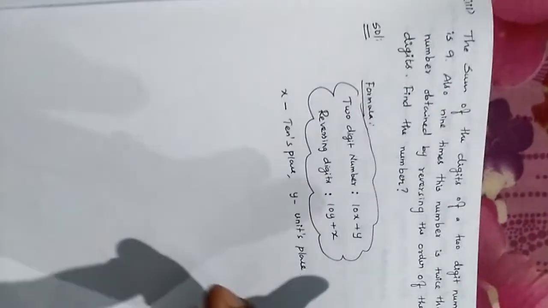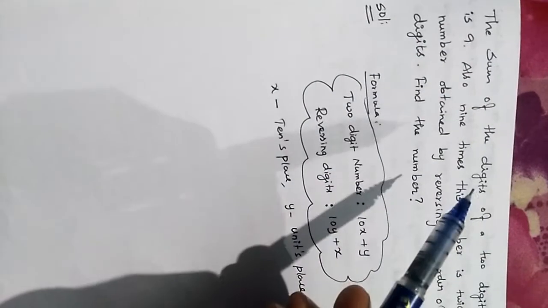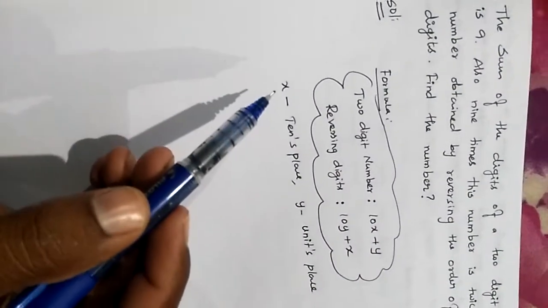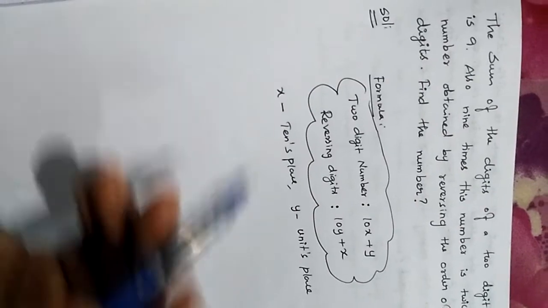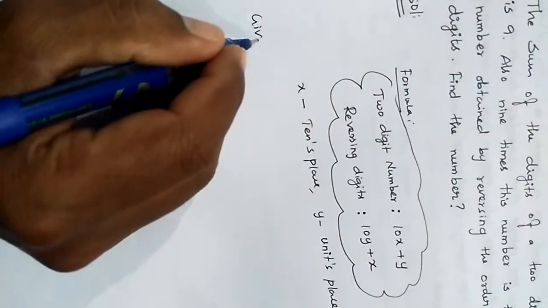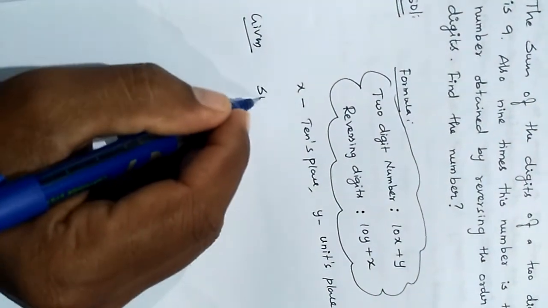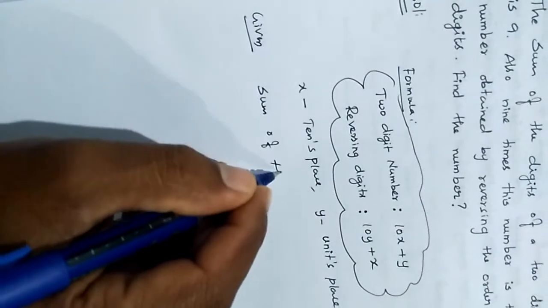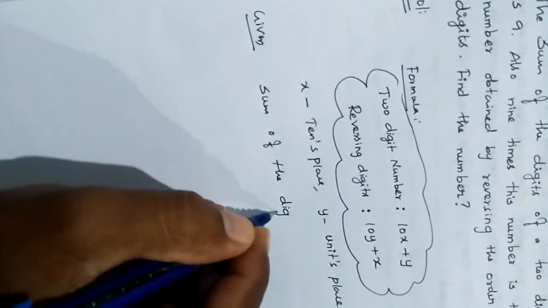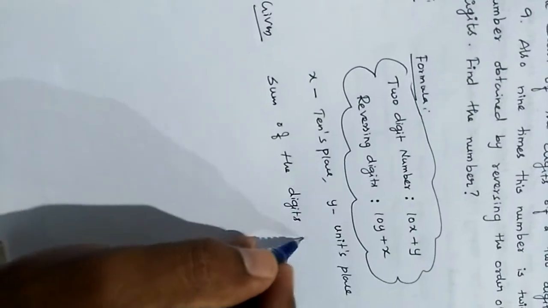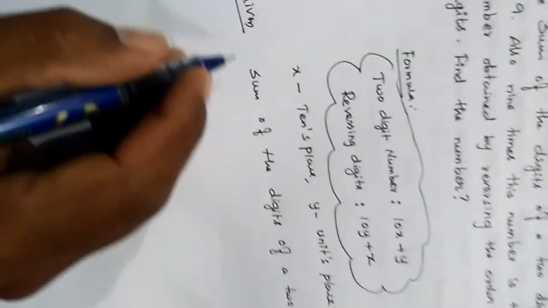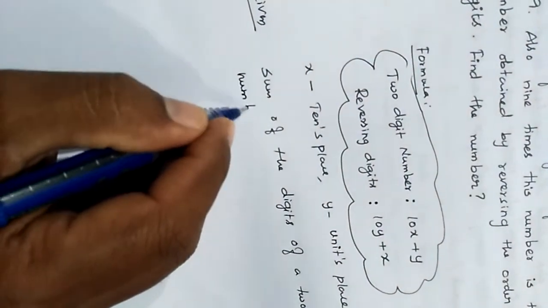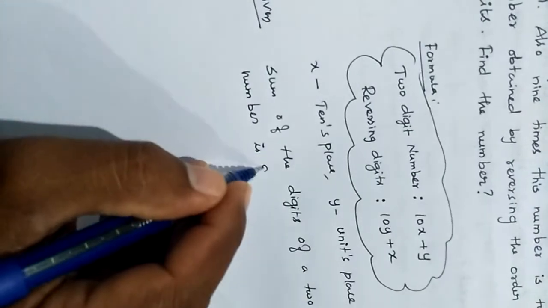Now let's get into the question. Sum of the digits: x and y are the digits, and sum means addition. It's given that the sum of the digits of a 2-digit number is 9.